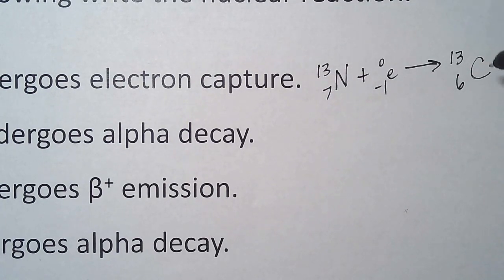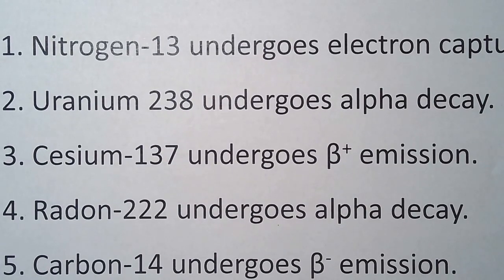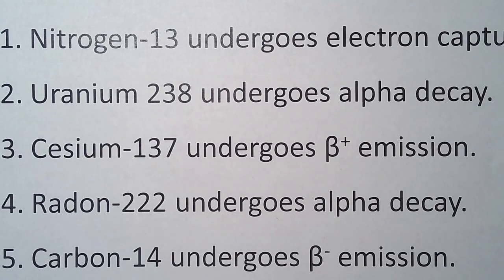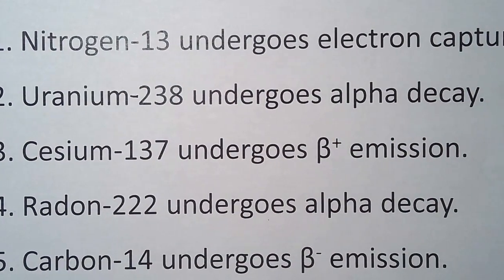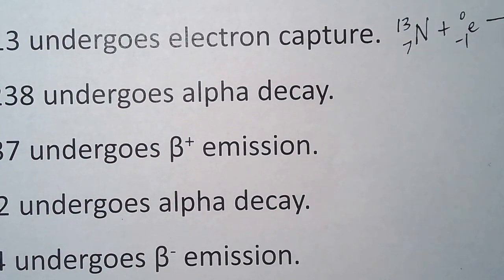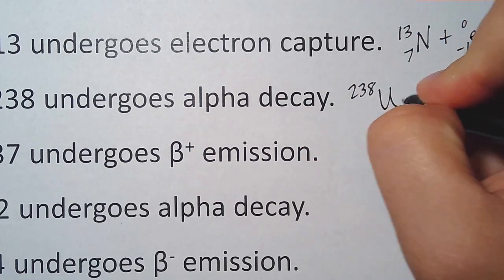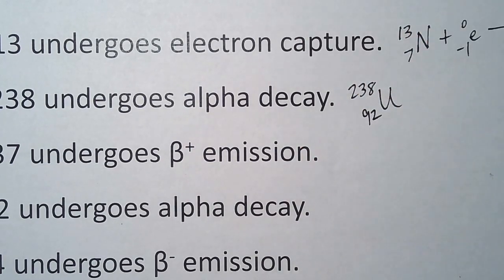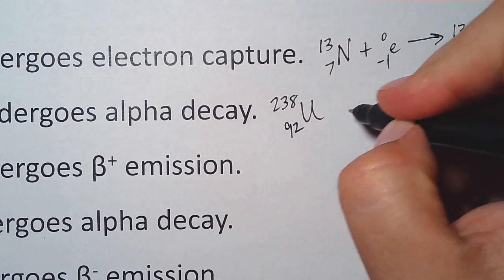Alright, number 2. Uranium 238 undergoes alpha decay. Uranium 238 is the mass. Uranium has 92 protons, so we can find that on the periodic table. Undergoing alpha decay means we're ejecting an alpha particle, which is a 4,2 alpha.